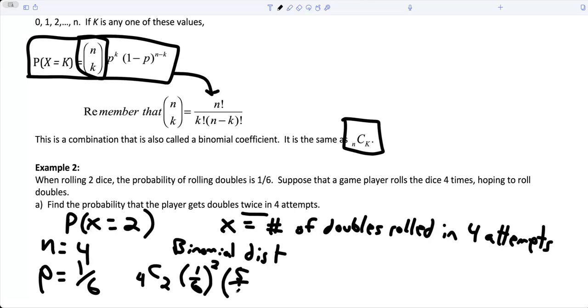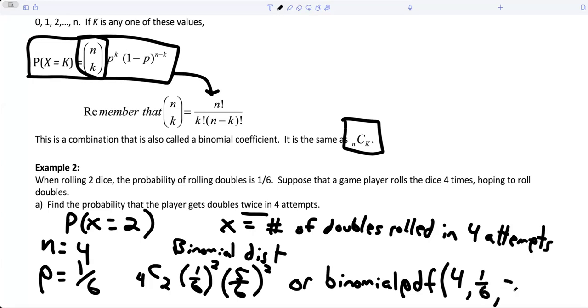And then times the probability of failure, which is 5/6. And then 5/6 is raised to the second power also, because out of 4, there would be 2 failures. Or we do binomial PDF. And then we've got 4, 1/6, 2. And I would label these, okay? This is N, this is P.